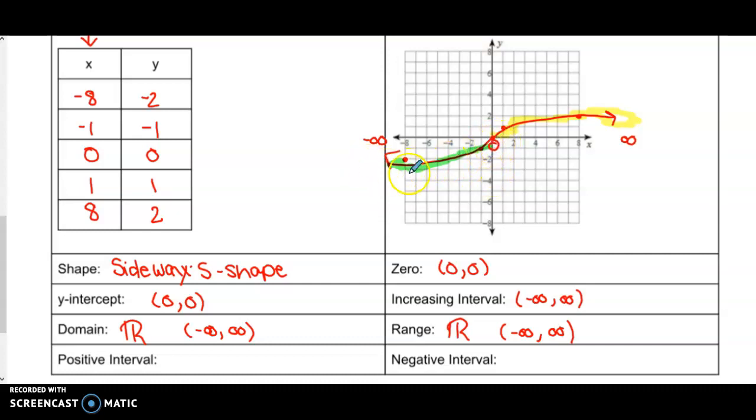So we have the green piece, which is our negative, between these two x values, -infinity and 0. And then we have this yellow piece, which is the positive one, in between these two x values, 0 to infinity. Again, parentheses, because you're not including 0 or the infinity as part of the positive piece.